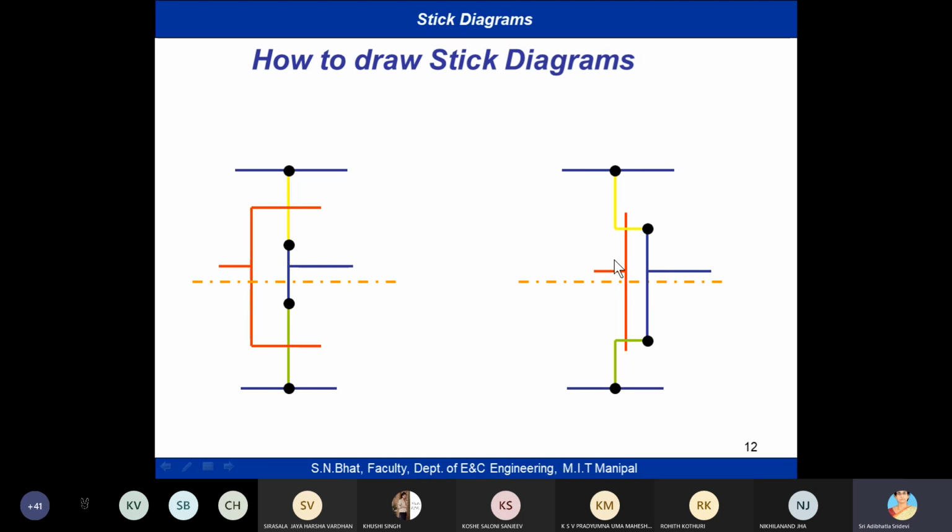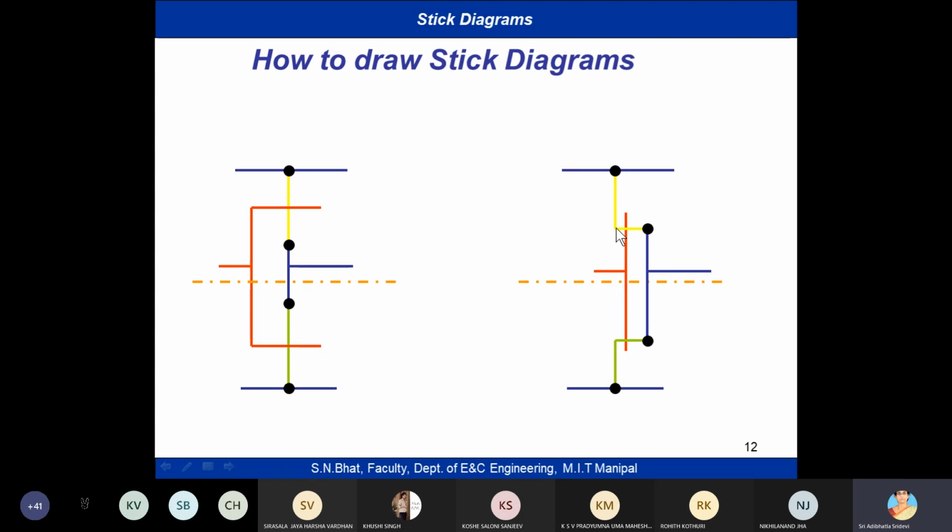The same stick diagram we can draw like this also. Technically there is no difference between these two. The only thing is, here the polysilicon has a shape like this, but here we give the polysilicon straight, and we have a bend in the P diffusion.